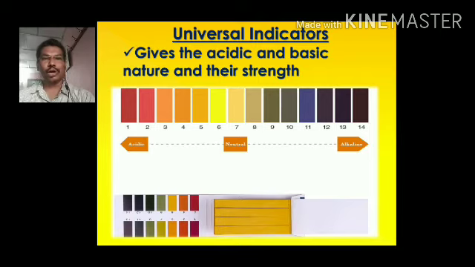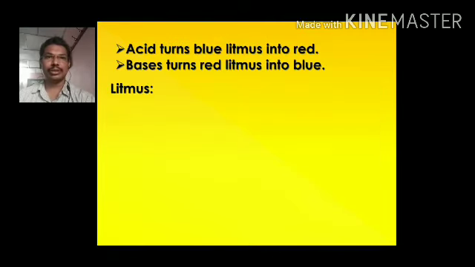Here a 1 to 14 scale is there, where 1 to 7 is for acidic character and 7 to 14 is for basic character, and at 7 it is a neutral solution. As the number decreases in the acidic condition, the acidic character increases. If it moves on to 14, the basic character increases. Like this, the universal indicator works.